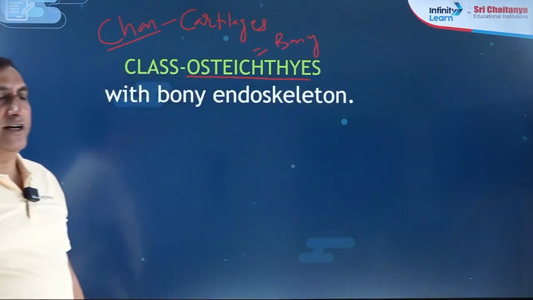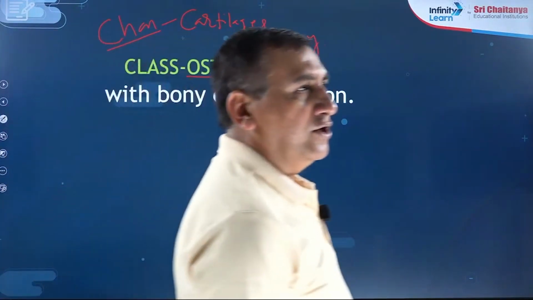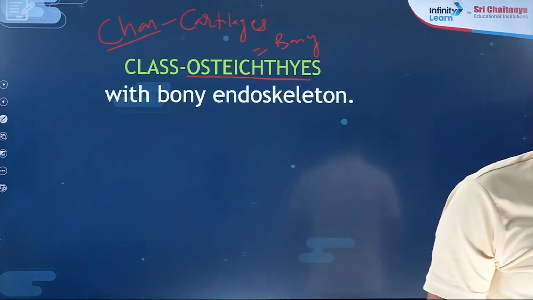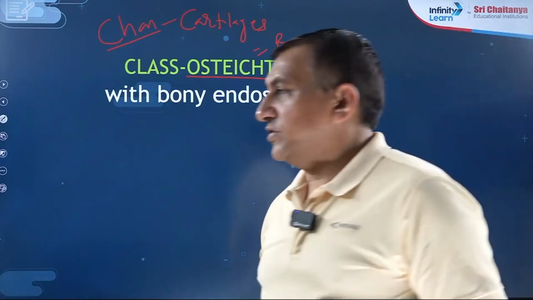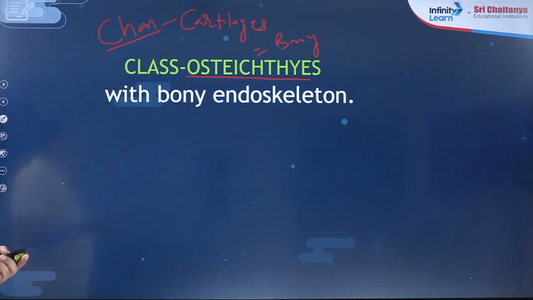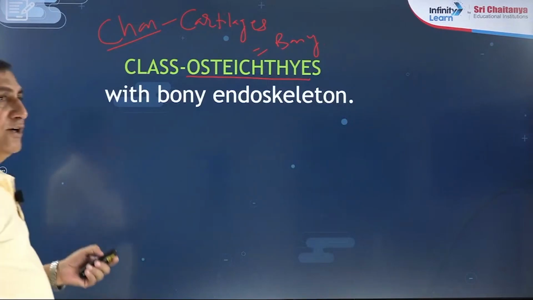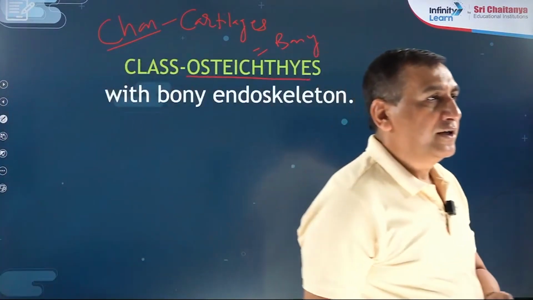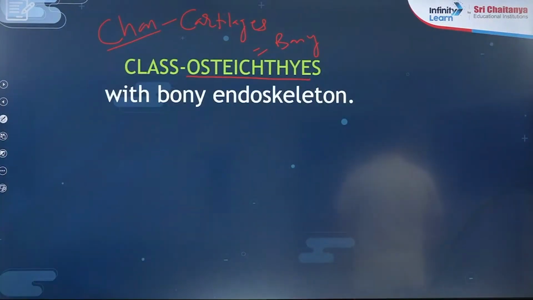Bony endoskeleton is present. So on the basis of the endoskeleton, if it is cartilaginous, the fish is known as chondrichthyes, and if the endoskeleton is bony, then it is known as the bony fish.